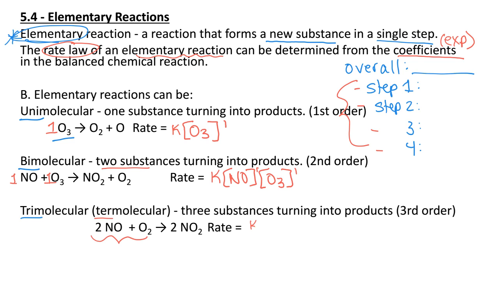The rate law here would be k times [NO] squared because of this coefficient right here, and then times [O2]. So we can just take our coefficients from the elementary steps and turn them into exponents for the rate laws of the individual steps. We cannot do that for the overall reaction, just for the individual steps only.